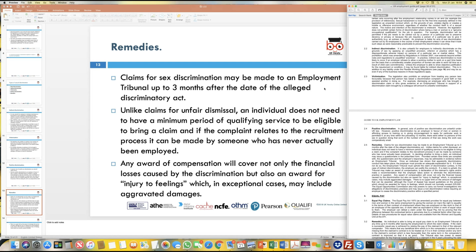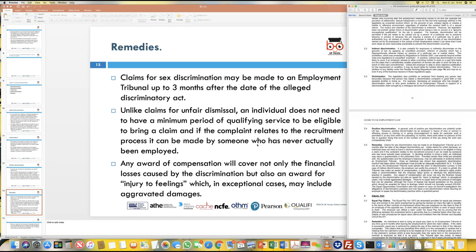And last but not least, if there is very strong evidence and the employee is able to prove that in court, then the award for compensation can not just be financial, but can also include aggravated damages.